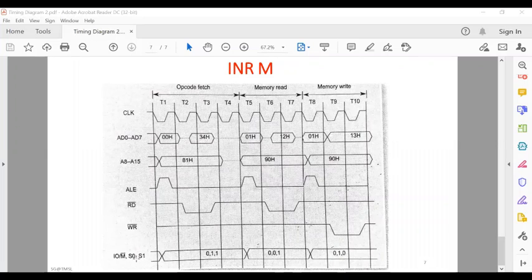I have mentioned that table in this order: IO slash M bar, then S1, then S0. If this order is followed, the opcode fetch machine cycle will be 011, the memory read machine cycle will be 010, and memory write will be 001. Okay, so please check everyone whether it is right or wrong.